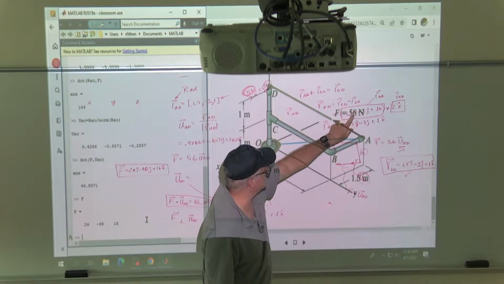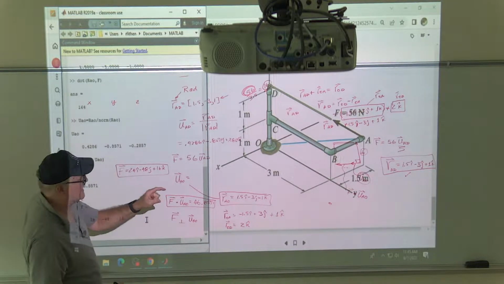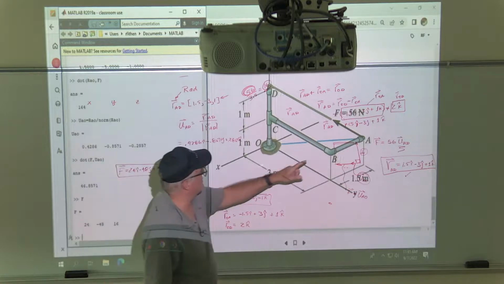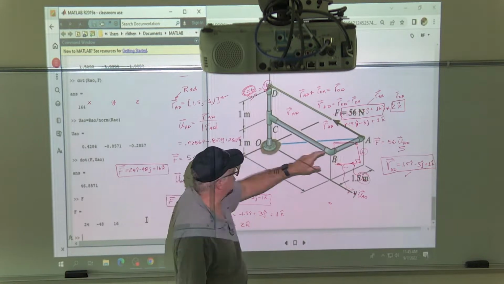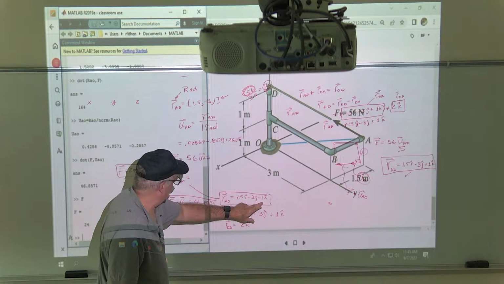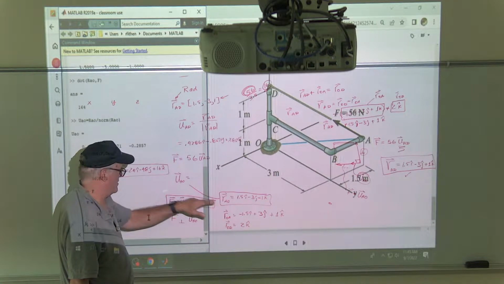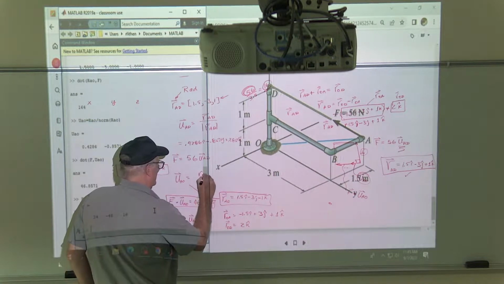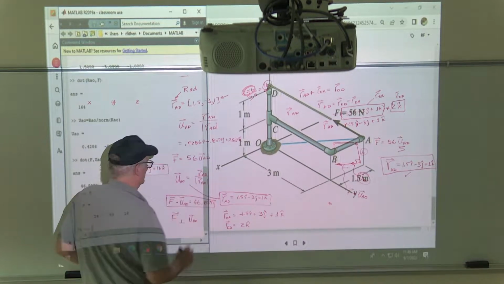So I found that. Okay, the other thing is he told me that I want to find this blue line. So this is A to O. So I found that vector. And then it turned out I found the UAO from that. Now, here's the deal.